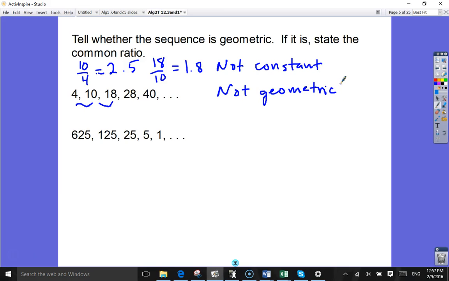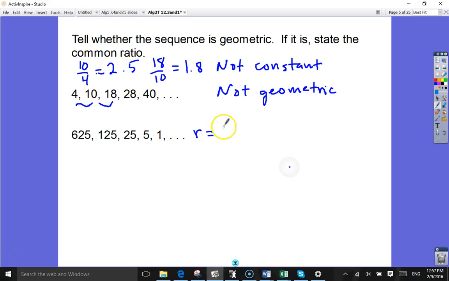How about the next one? What do you notice just looking at it? It looks like they're going down by a factor of 5, right, in every one. So what does that tell you about the value of r? If it looks like you're dividing to get the smaller number, remember, if the terms are getting smaller, it's a fraction.